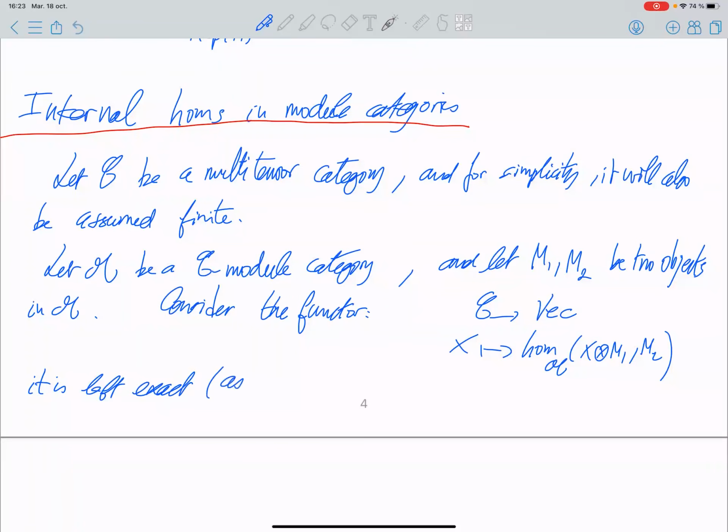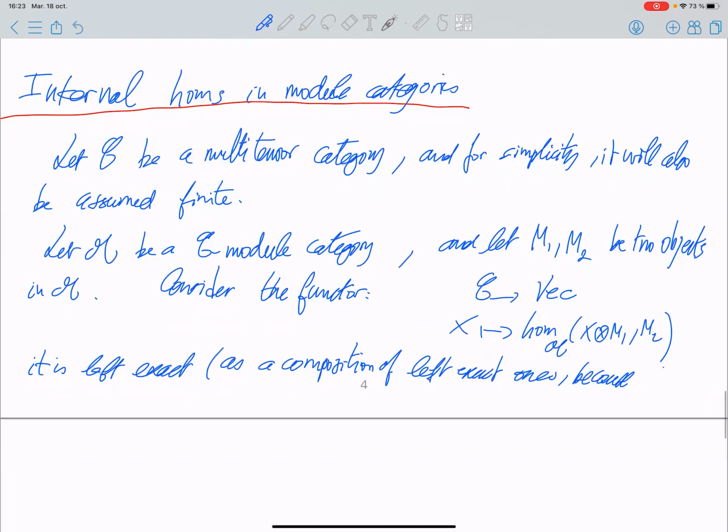Because it is a composition of left exact functors. The components are left exact because C is a multitensor category. In particular, the tensor functor is exact.